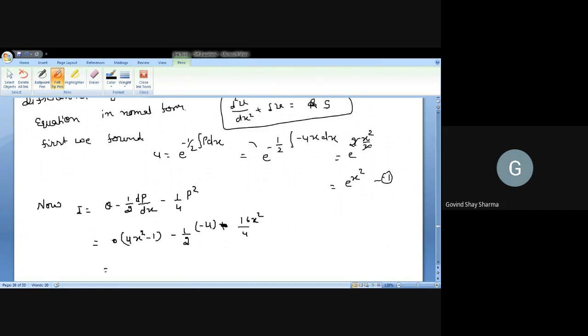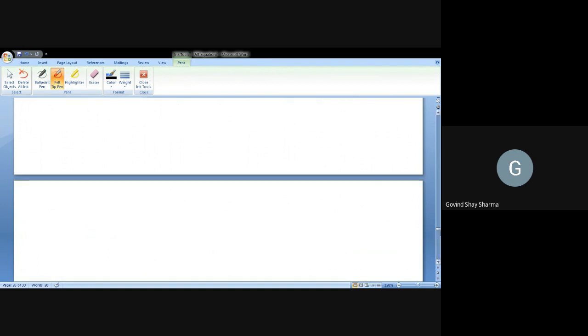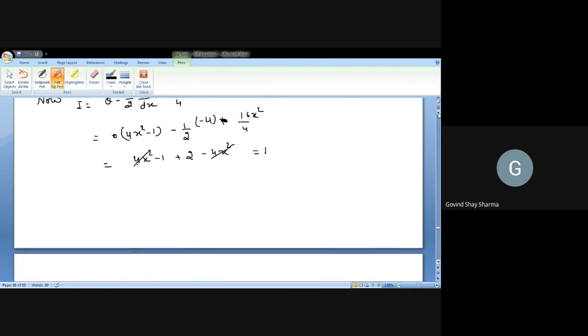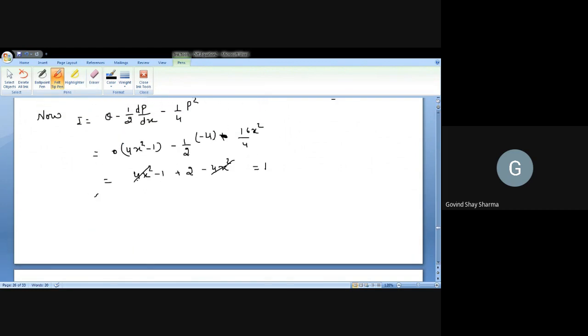So with the solution we get 4x square minus 1 plus 2 minus 4x square. So x square cancels, it becomes 1. So we get I is equal to 1. Now S is equal to r e to power half pdx.